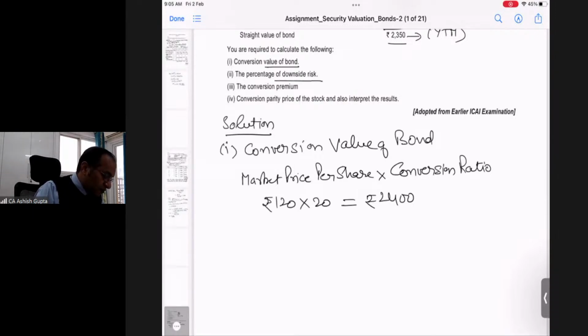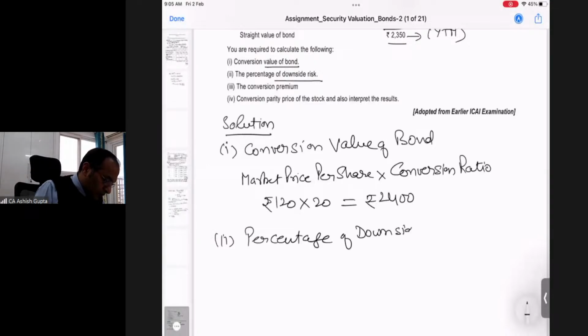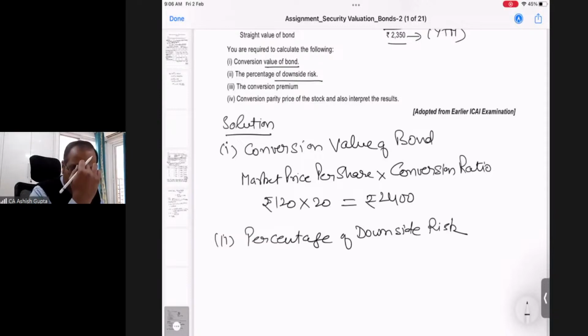Next it says percentage of downside risk. Student, please note, a person says if I buy the convertible bond of this particular company, what is the maximum risk I am carrying?